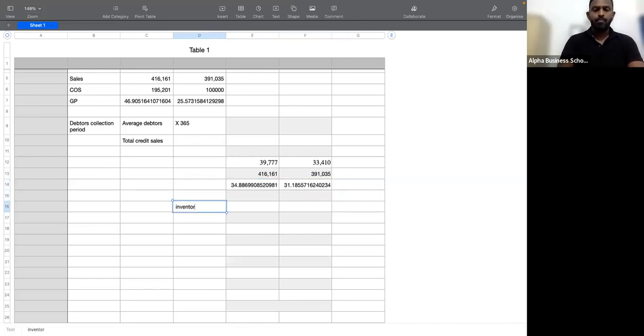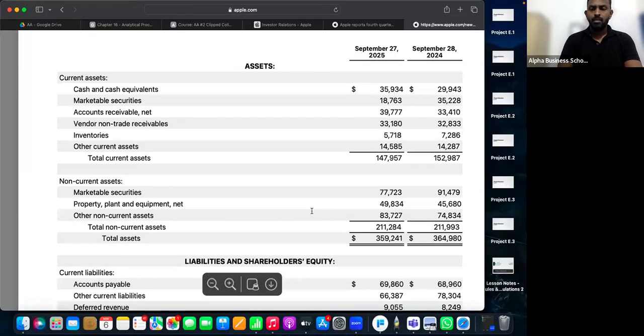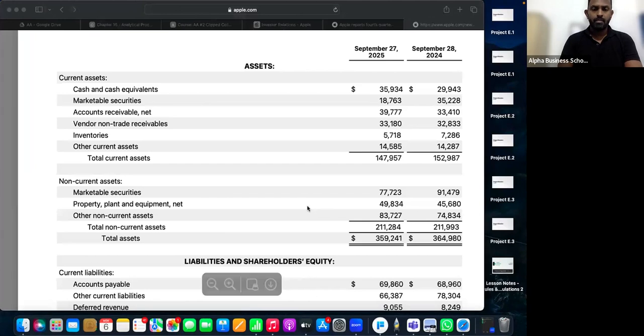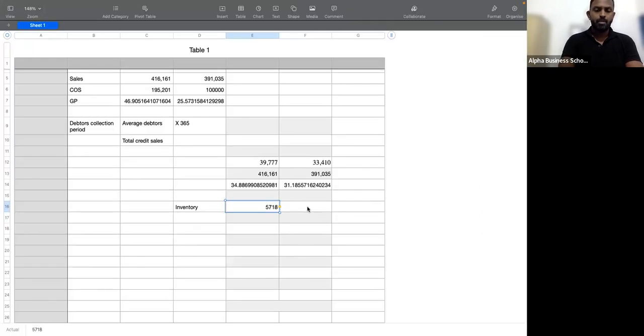Inventory, 5718 and 7286. Here I compute something called inventory residence period.